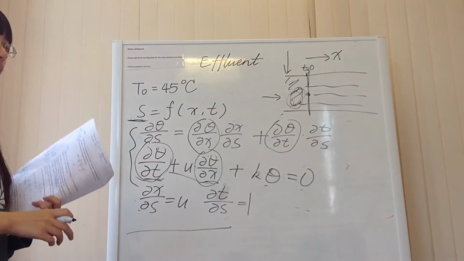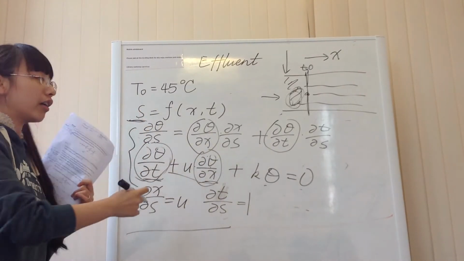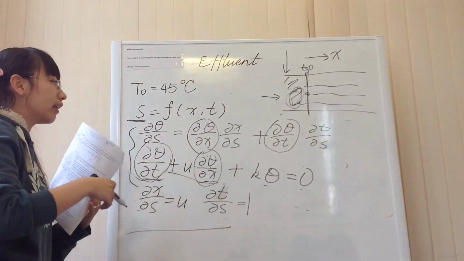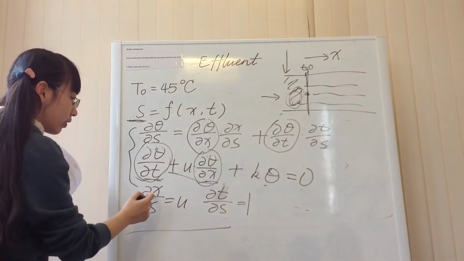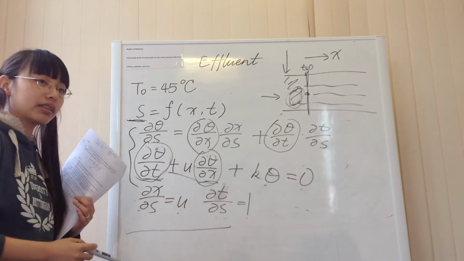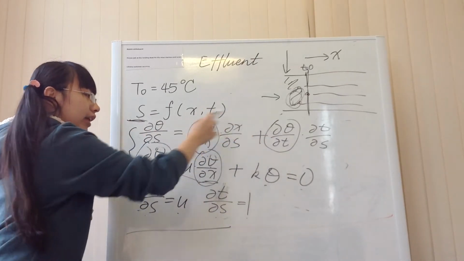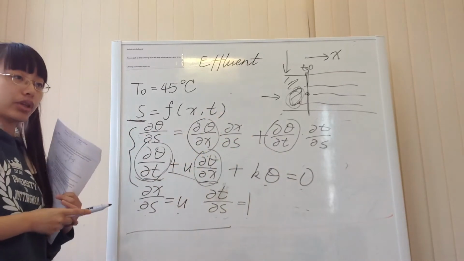That's how we define it. So s is a function of both x and t, and we define partial x over partial s is u, and partial t over partial s is 1. This process tells us how to define s for the simplicity of our equation.